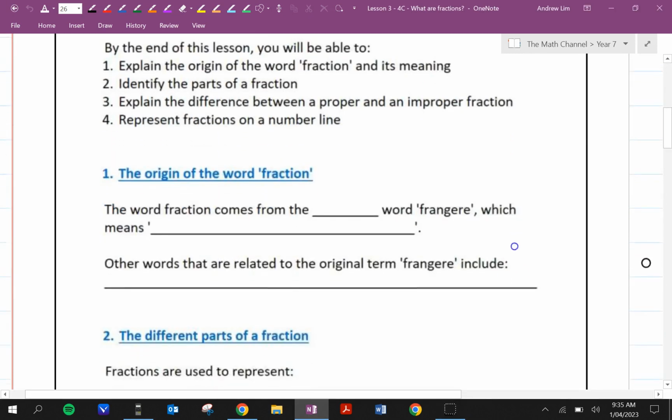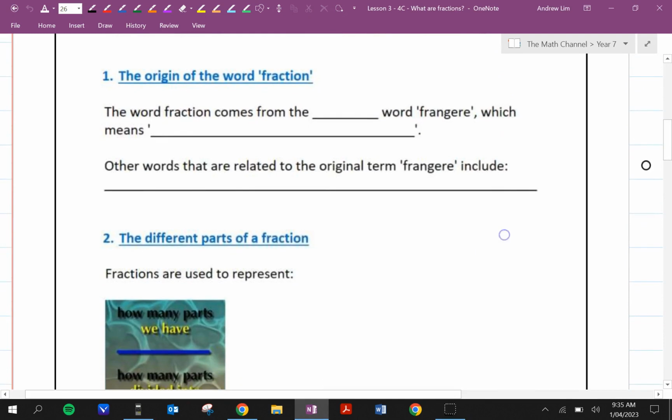So let's have a look at the first part of this lesson, the origin of the word fraction. Now, the word fraction comes from the Latin word. Forgive me if I mispronounce this, but I think it's called frangere. And basically what that means is to break into pieces.